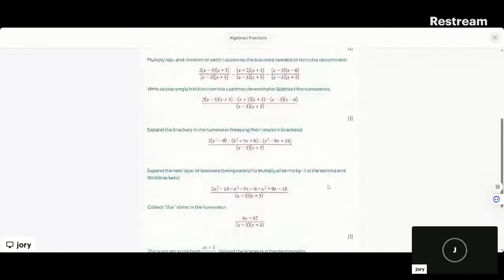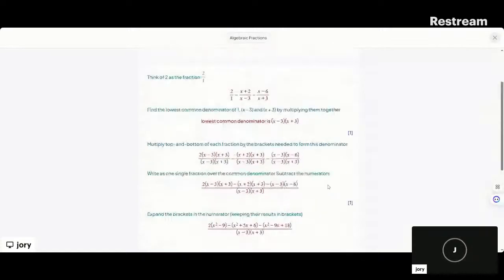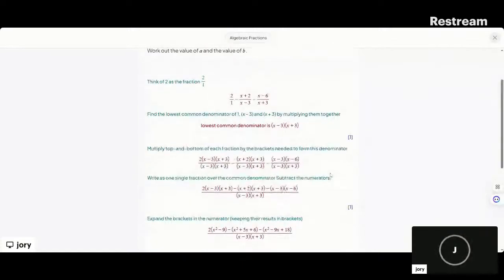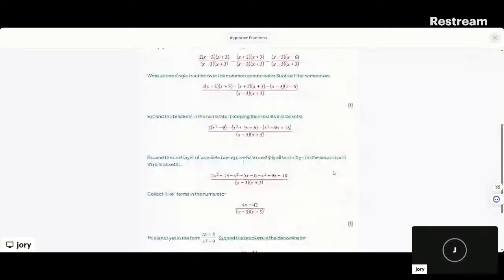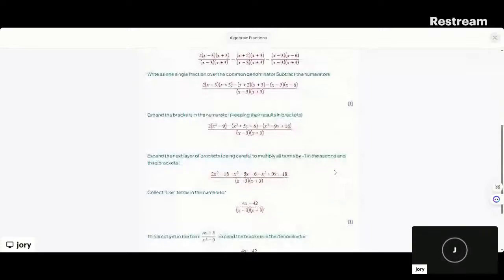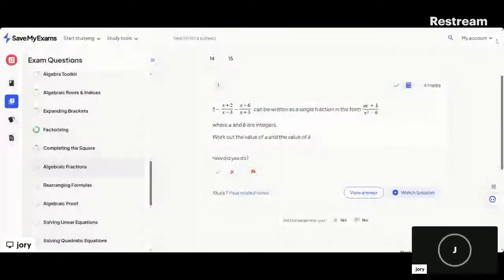Oh, she did the 2, but the 2 is not multiplied. Yeah, because I ignored the 2. So I should take care of the 2 at the beginning, not after I simplified, but before I simplified.